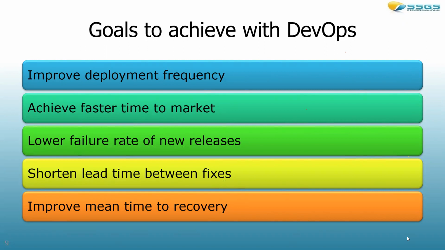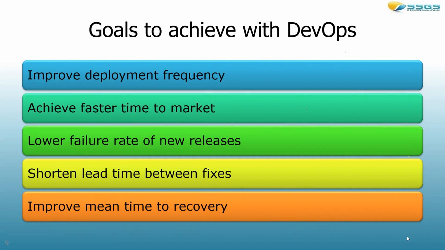Improve deployment frequency. Do you know how many deployments AWS does? In AWS, they have the entire DevOps implementation in such a way that they do 300 deliveries per day. 300.